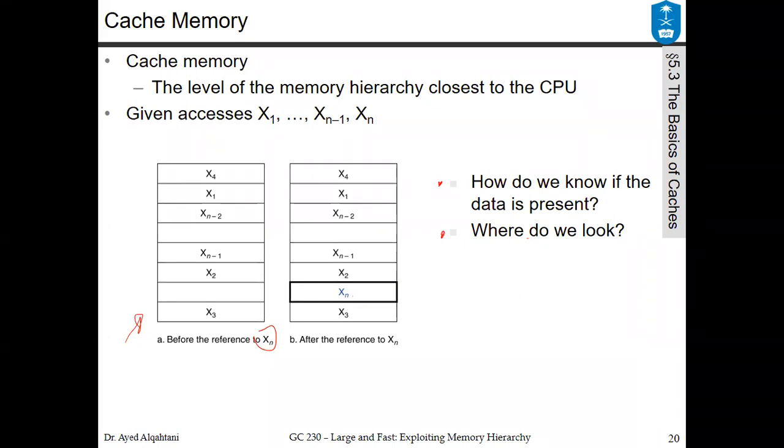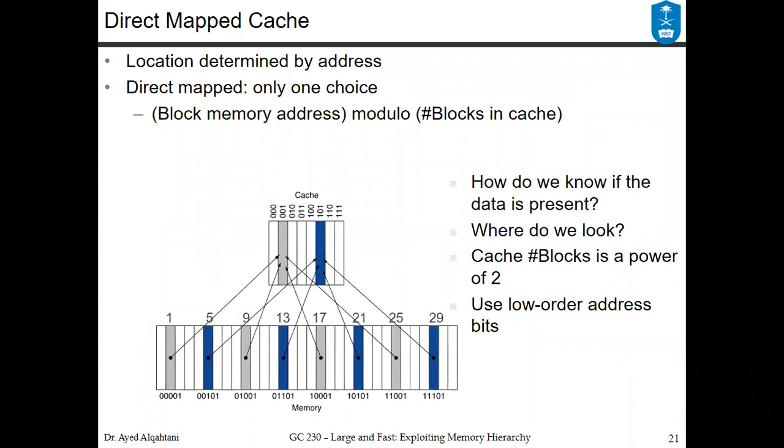To answer these questions, here are some introductory examples. This also defines the first type of cache for us, which is the direct mapped cache, where the location is determined by the address. So now we know that there are addresses of the cache. This is the example here.